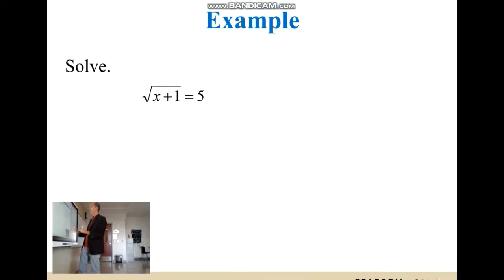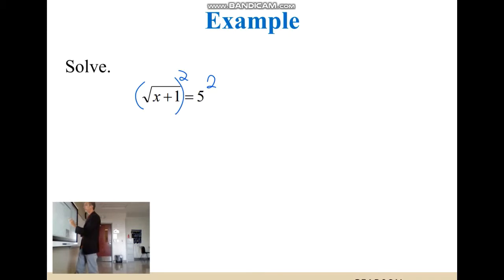We have a simple example here. Solve square root of x plus 1 equals 5. What we're going to do here is raise both sides of the equation to the power of 2, to the square.